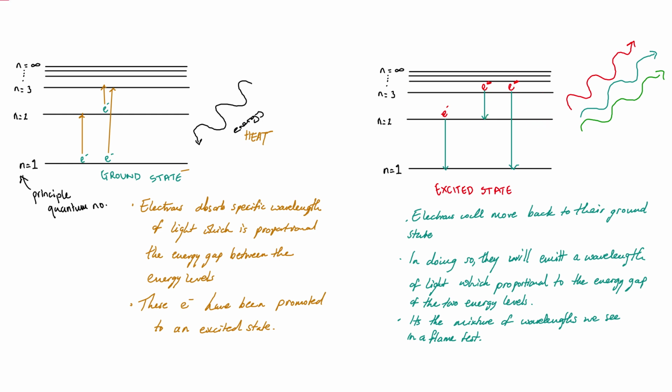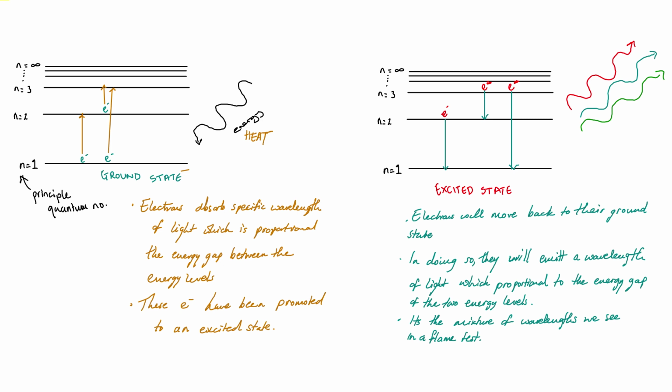It proves that in order for these wavelengths to be emitted, the electrons dropping down must be producing these wavelengths because they are dropping down via fixed distances. So the smaller the distance, the lower the energy light that is being produced, so towards the reds and yellows and greens, and then the blues and purples are the higher energy.